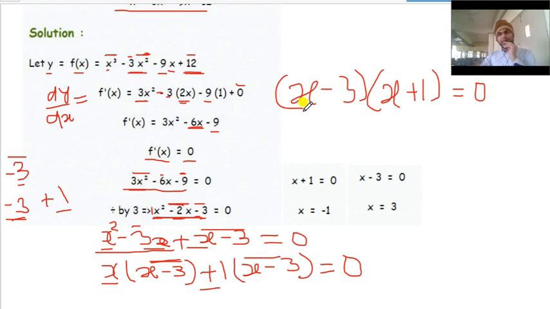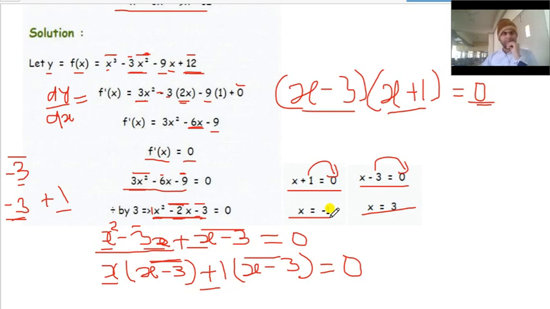So we put x minus 3 equal to 0; when we transfer this to the right hand side, x is equal to 3. And x plus 1 equal to 0, so when this one goes to the right hand side, x is equal to minus 1. So these are the two turning points of this question.